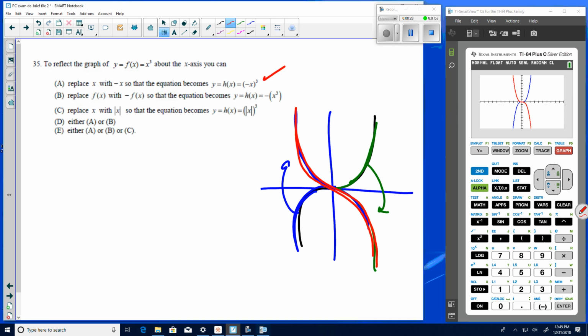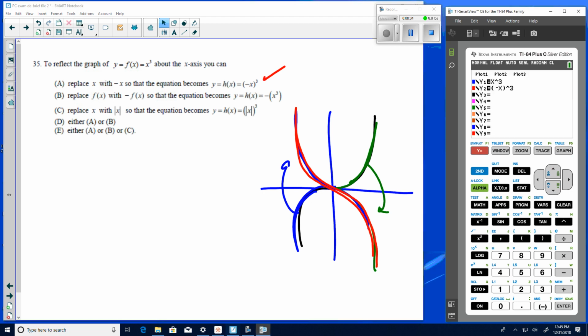But choice B says maybe we can replace the entire function with its opposite. So let's get rid of that one, and we'll try the opposite of y1. And I can actually go into Vars, Y-Vars, Function, y1. I can choose that. And here's that graph. And sure enough, it does the same thing.